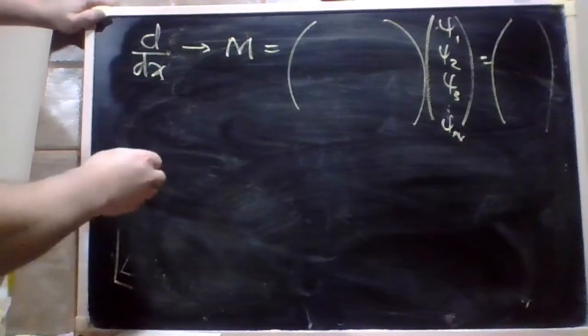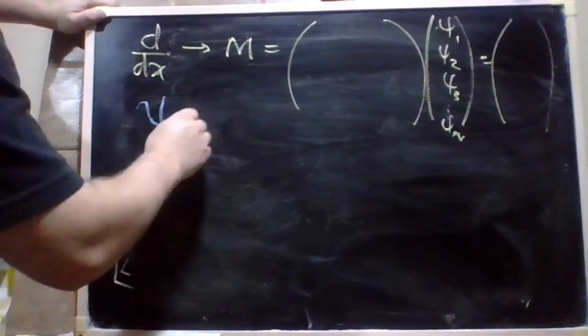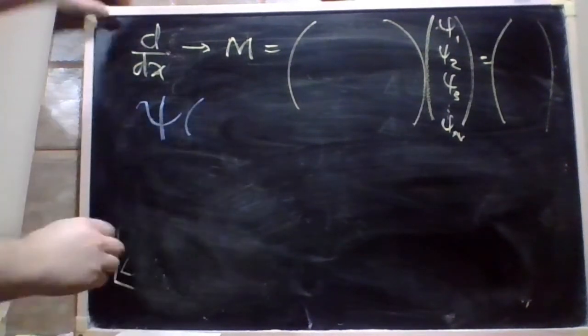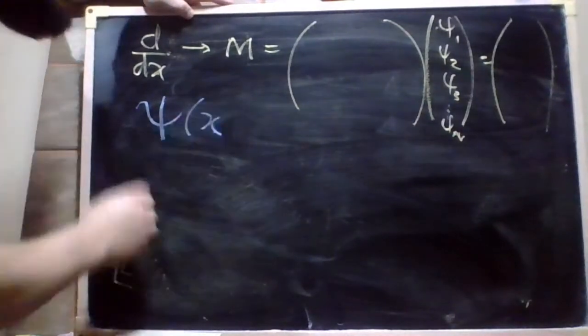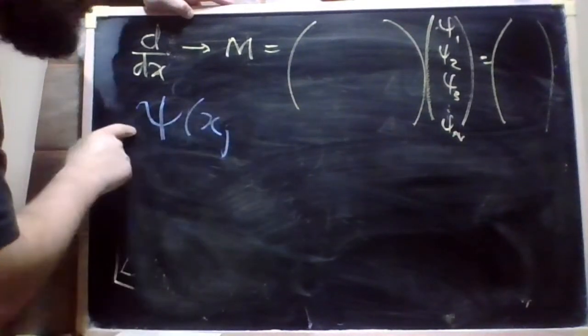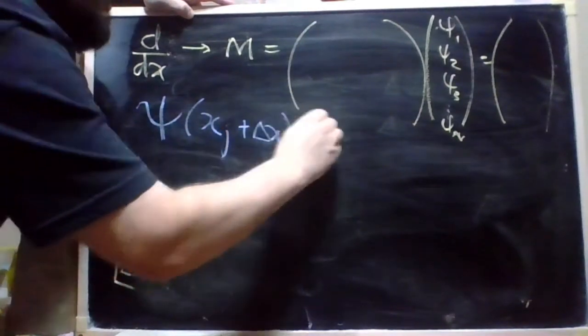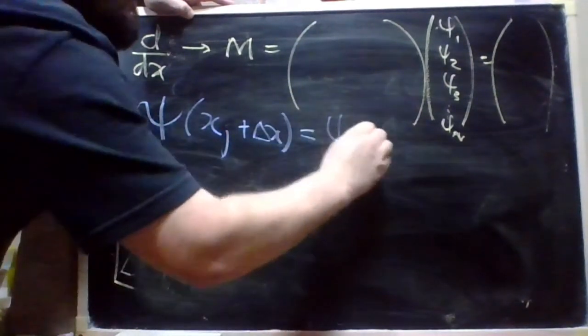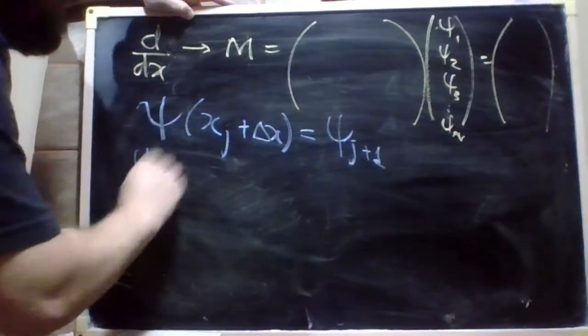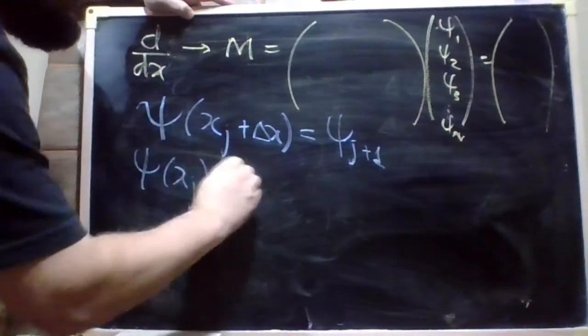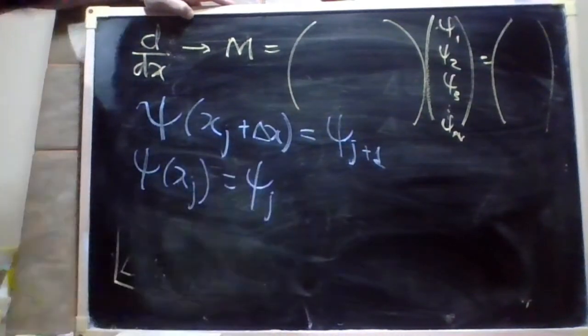If you use the following notation, psi of xj plus delta x corresponds to psi j plus 1, and psi of xj is equal to psi j.